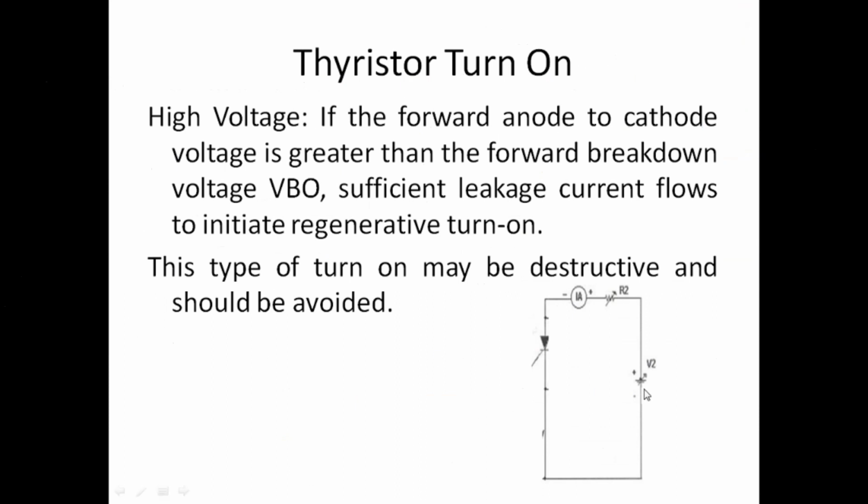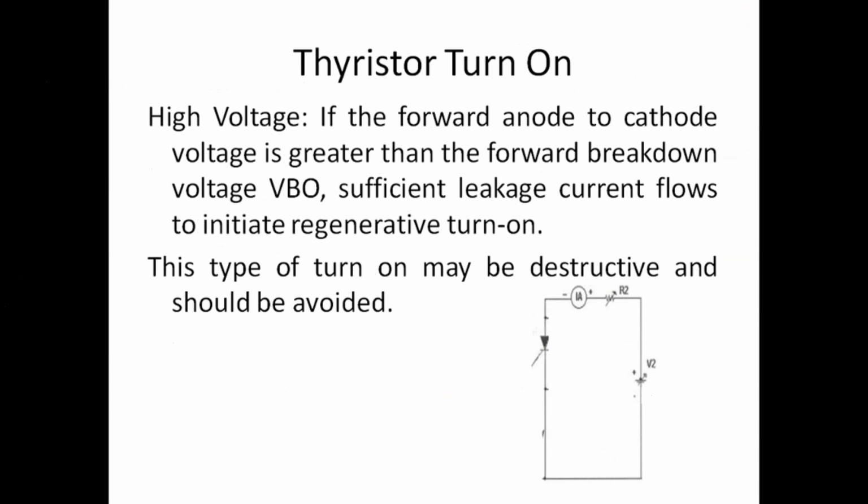For any SCR you purchase from the market, we should read the data sheet. Assume I purchase one SCR and the data sheet says that particular SCR's breakover voltage is 800 volts. What is the meaning?